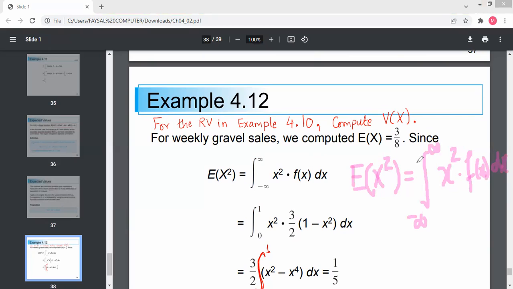Now we have to find it. The first way is taking the upper and lower limits, infinity and negative infinity. For my case, the limits are 1 and 0.